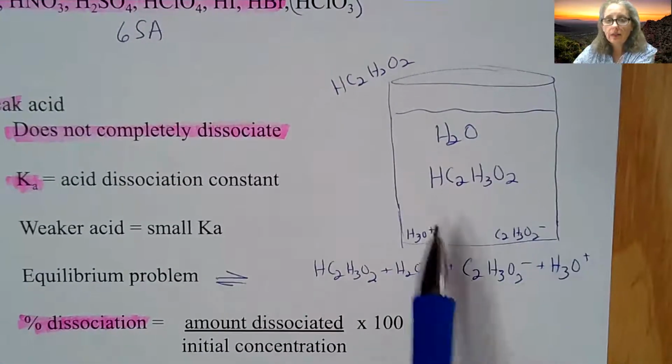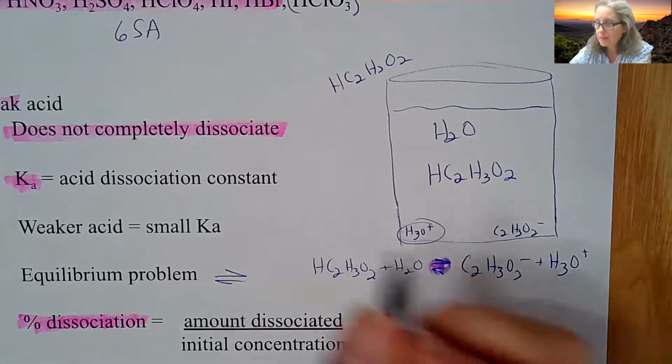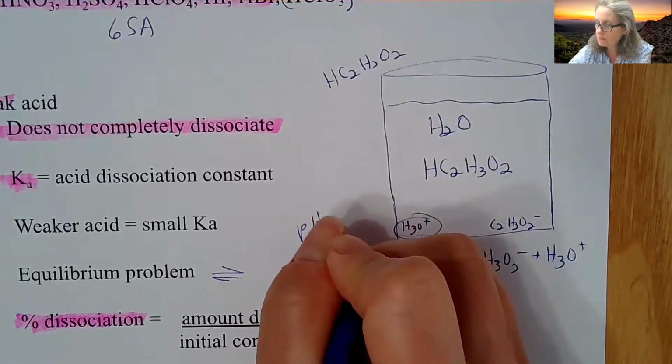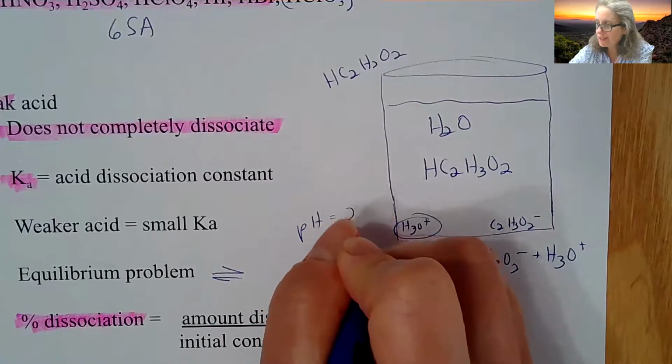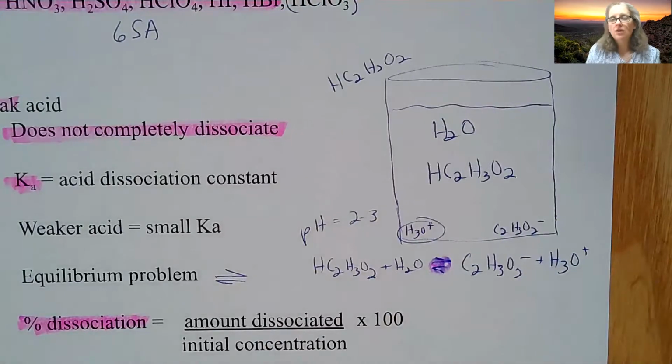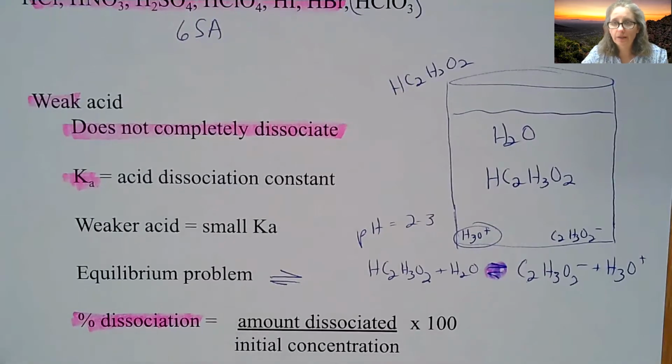While if you are looking at H3O plus in a weak acid, your pHs are going to be much bigger, meaning you're going to be in the 2 to 3 to 4 range, depending upon the concentration. So you do see a difference in pH if we're talking the same concentration with strong versus weak, due to the fact that weak acids only partially dissociate.